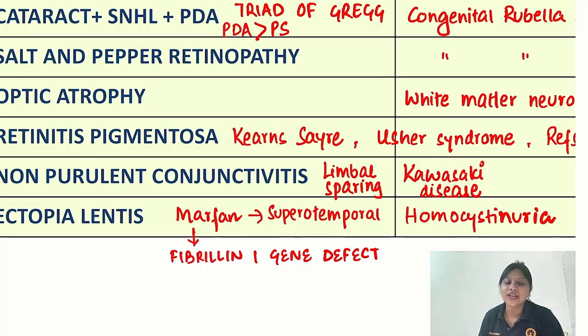So we are going to get aortic root dilatation or aortic dissection or aortic rupture and even aortic aneurysm. And what criteria do we use in case of Marfan syndrome? We use the modified Ghent criteria.